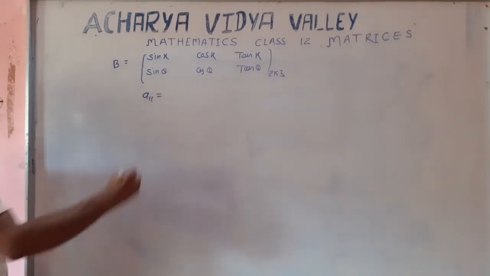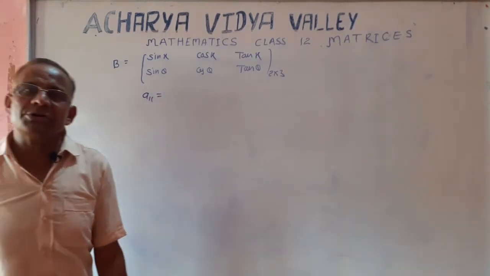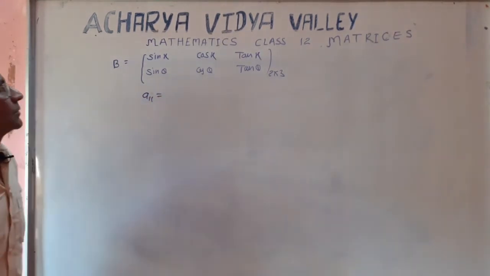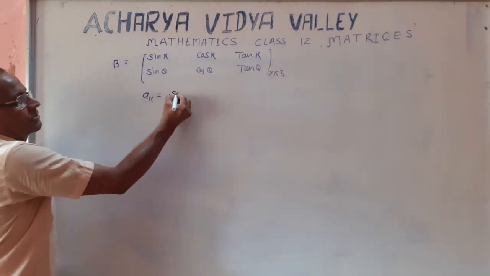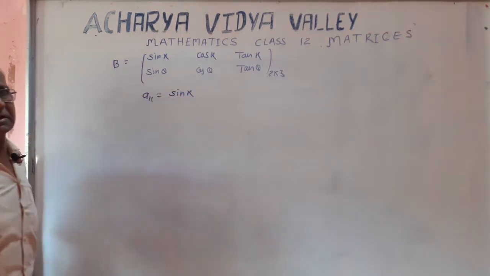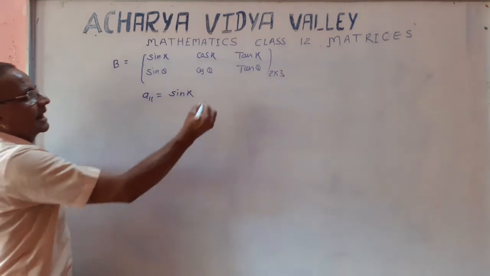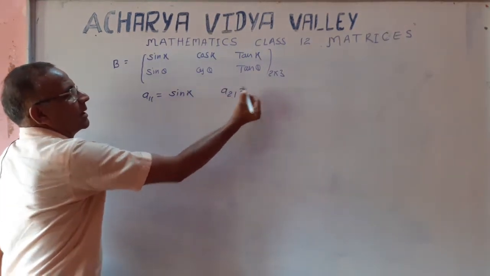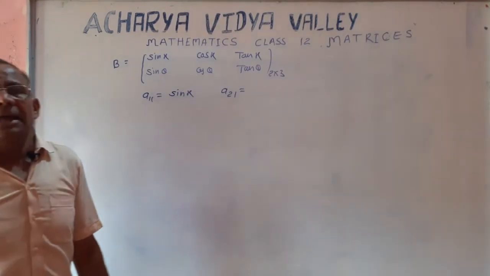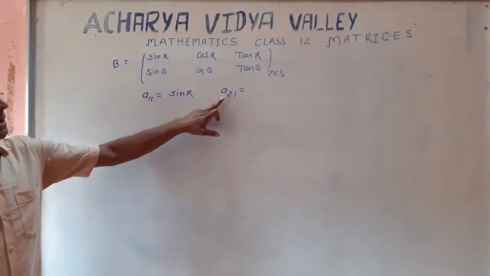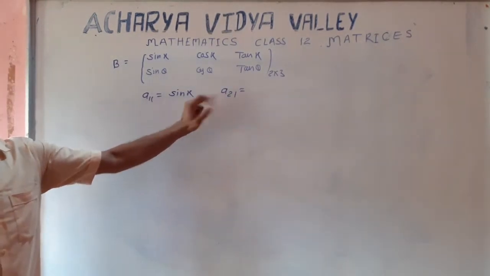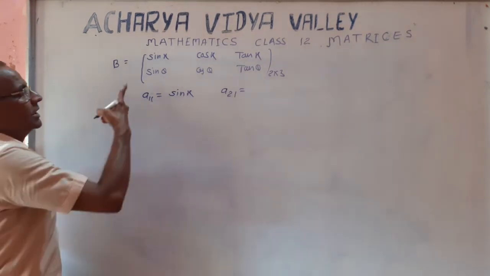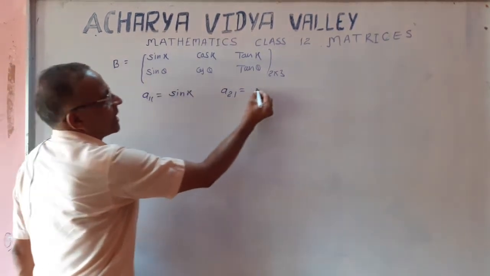A11 means the element of first row and first column. It is sin x, so the value of A11 is sin x. Another element, A21, means the element of second row and first column, so it will be sin theta.